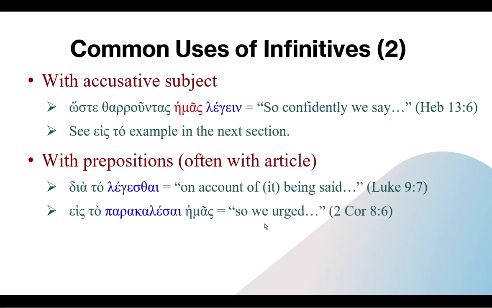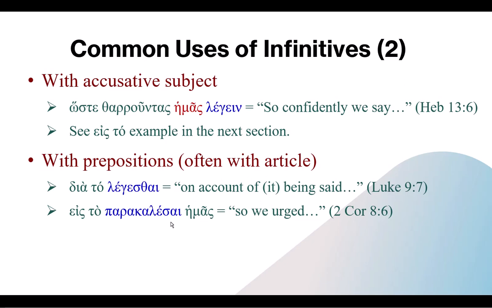Another example is eis to, and this is the idea of unto or so that, or so something would happen. So we have eis to parakalesai hēmas. Parakalesai is an aorist active infinitive. Legesthai is a present middle passive infinitive, and we saw that it has passive meaning here over in Luke 9:7.